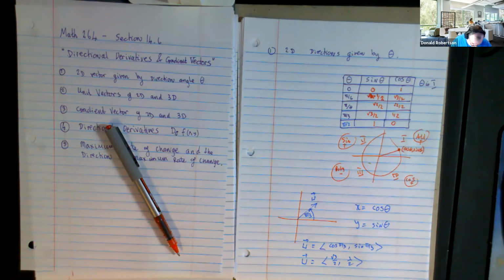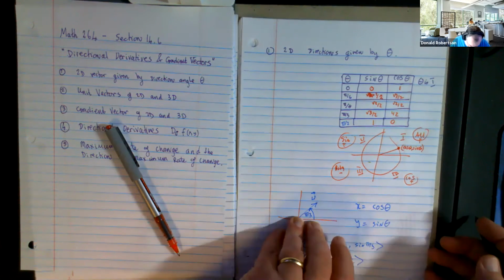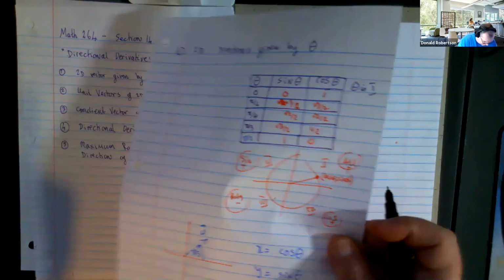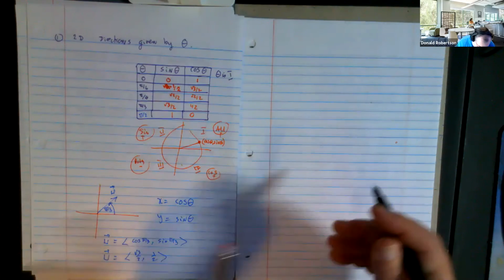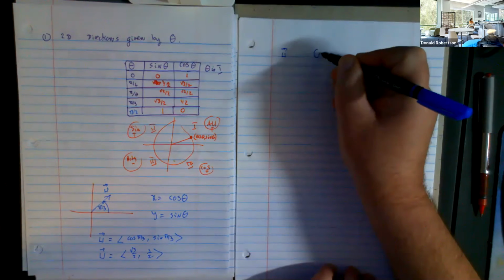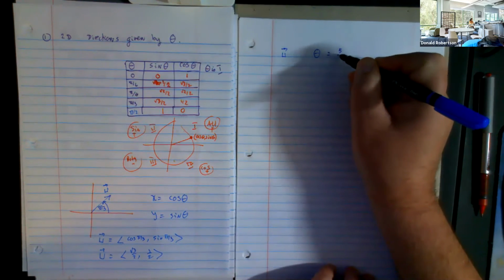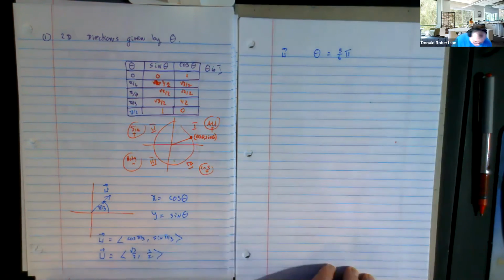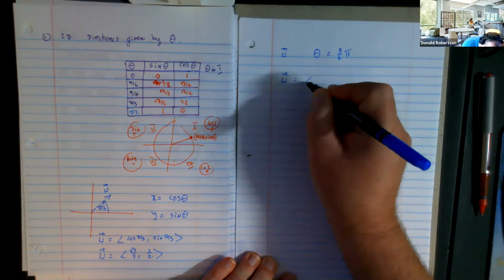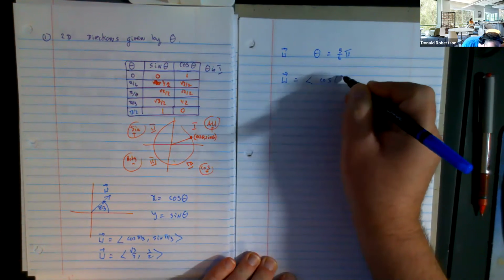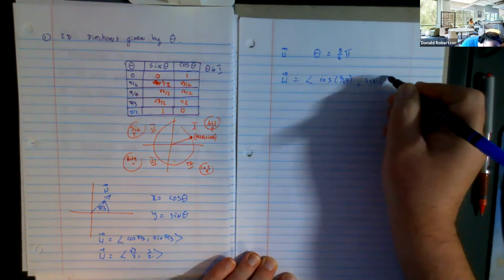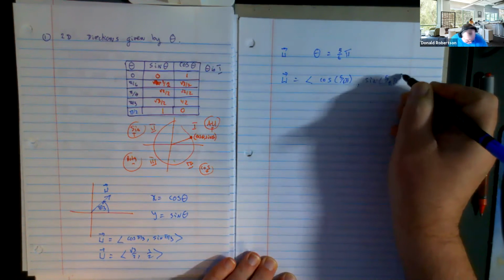Feel good? Okay, here's another one. Suppose I wanted the unit vector u, and the angle is going to be 5/6 pi. Then it's going to be the cosine of 5/6 pi and the sine of 5/6 pi.